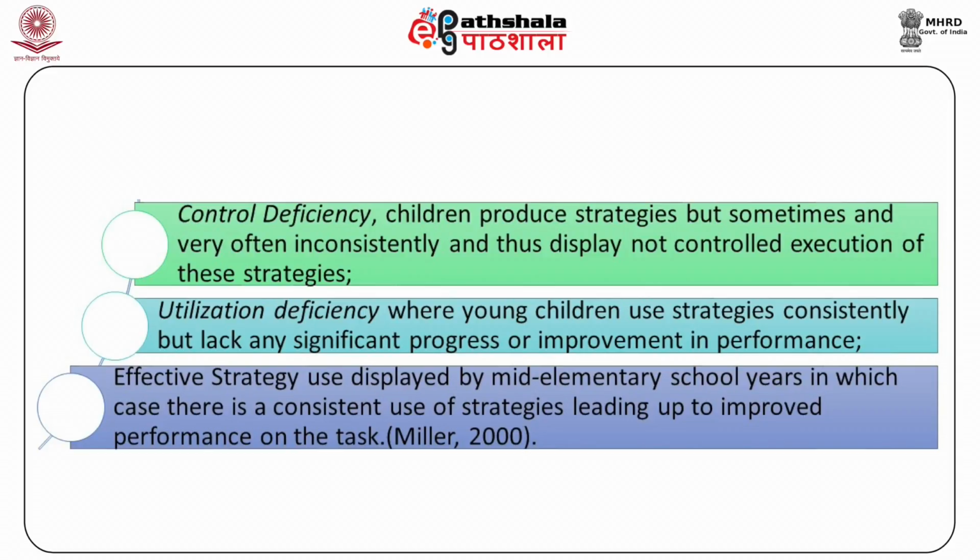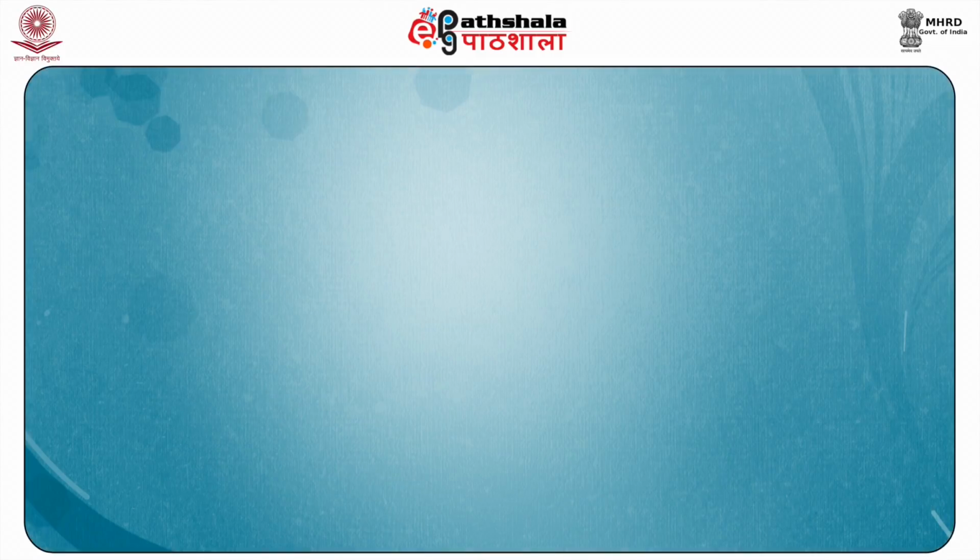Utilization deficiency, when young children use strategies consistently but lack any significant progress or improvement in performance. And finally, effective strategy use, displayed by mid-elementary school years, in which case there is a consistent use of strategies leading to improved performance on the task.